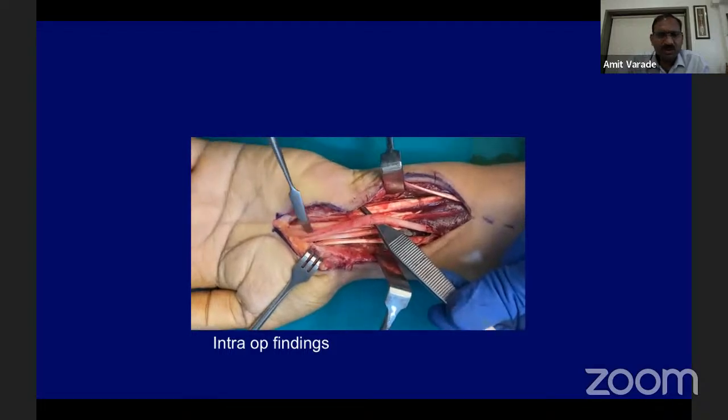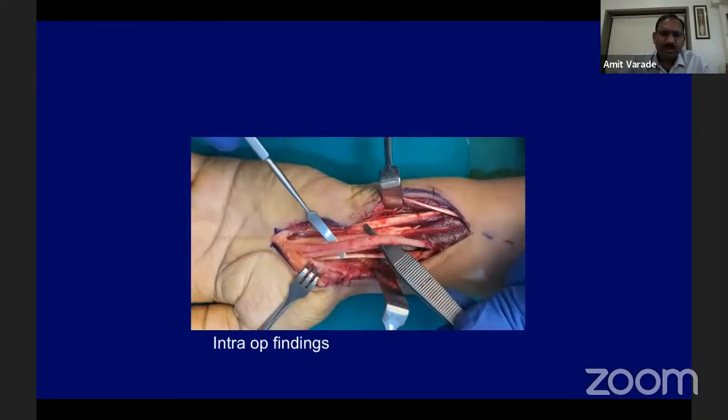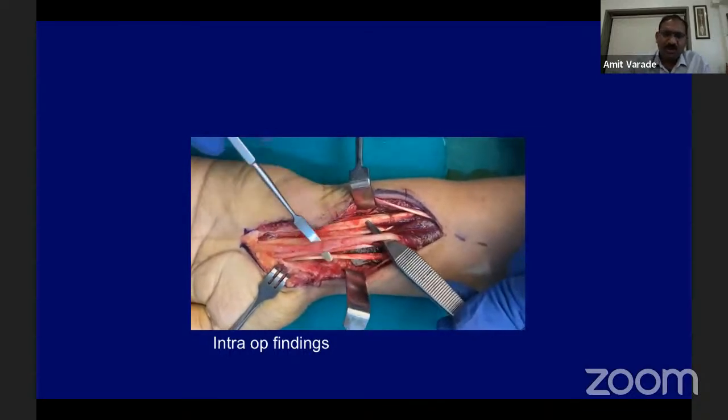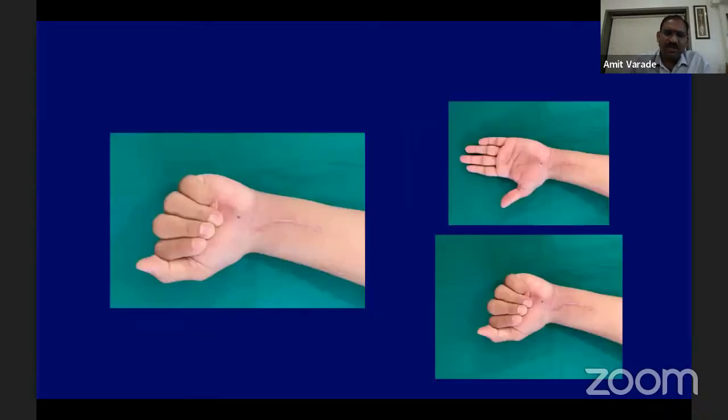Still it is flat at the level of the carpal tunnel. So eventually this patient recovered nicely, and now he is able to make a fist and do all the daily activities.